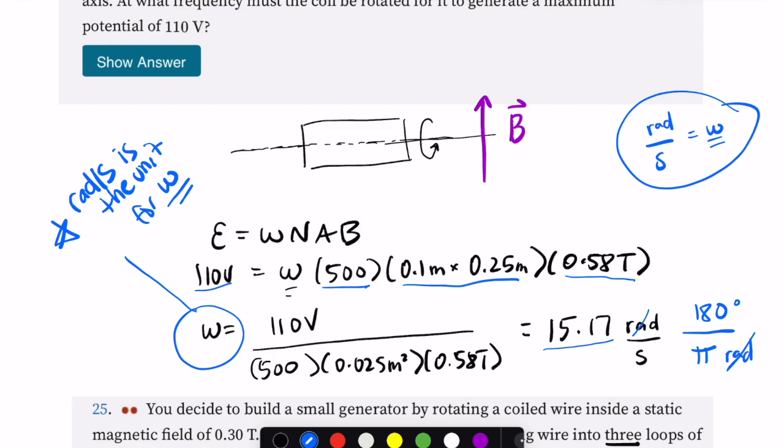If necessary. I'm not going to ask you to do the conversion, but if you picture things better in degrees and you want to see how fast that is, that's really fast. 15 times 180 over pi. Let's figure that out.